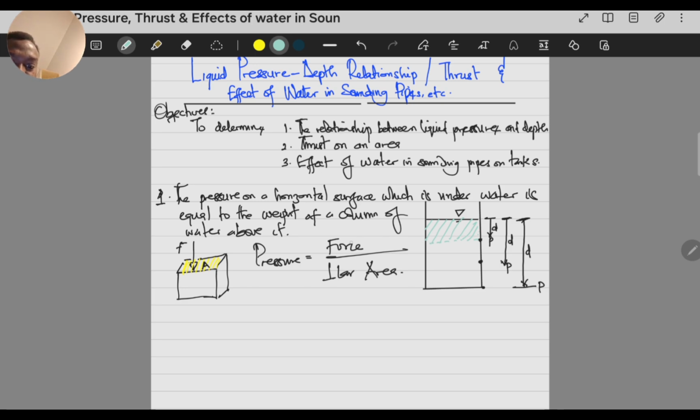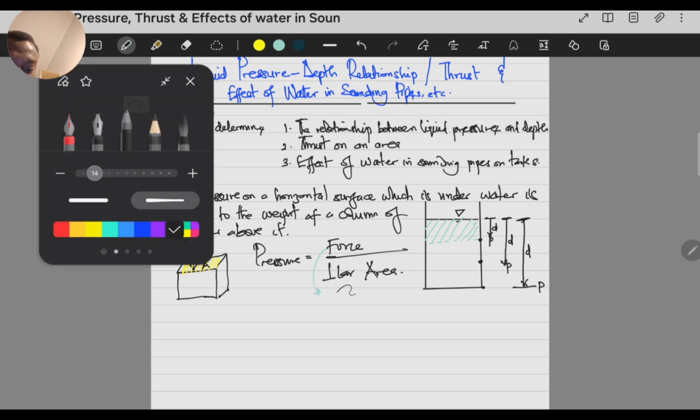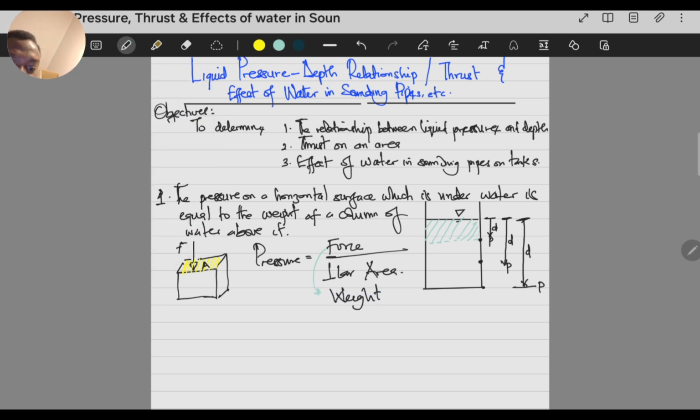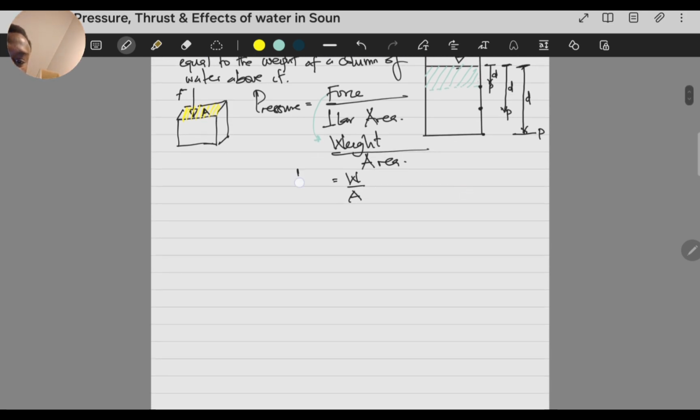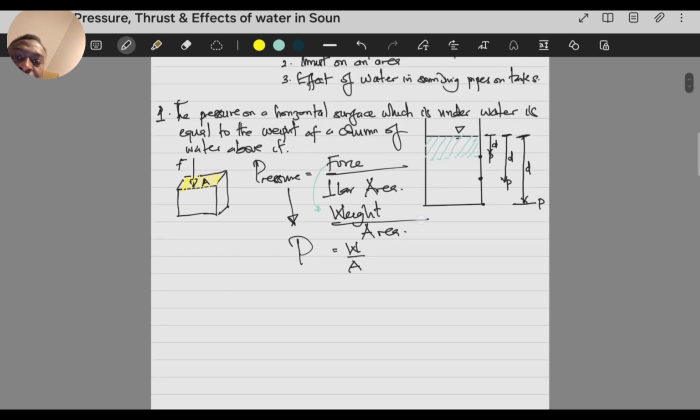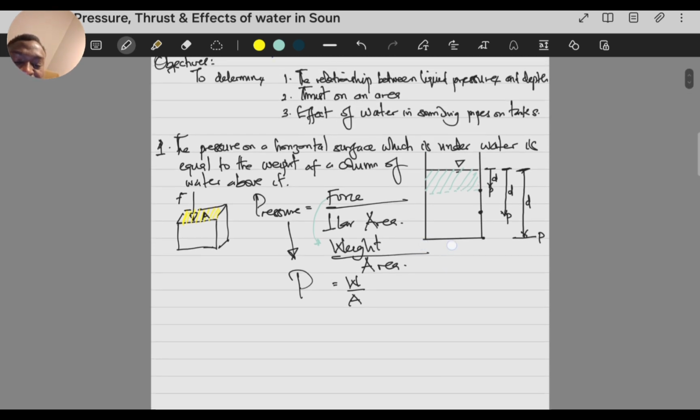So instead of considering the force, we say the weight of the fluid above, the weight of the column of water above the reference point, divided by the perpendicular area, which is simply W over A. So we say pressure is equal to weight over area, where the weight is of the fluid above the reference.